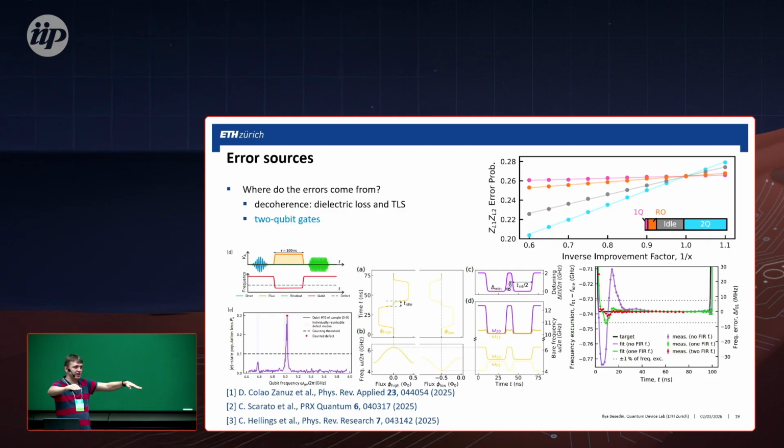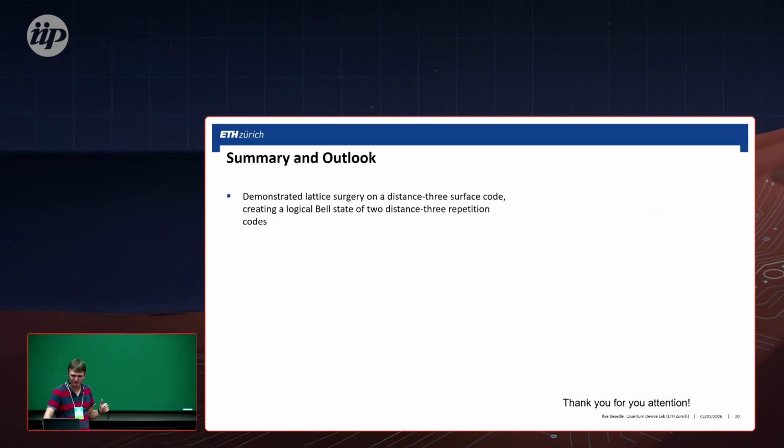It turns out that the line through which you control them has distortions, and the frequency is not what you wanted. The annoying thing about these errors is that they're not Markovian. We try to correct them, but there's apparently more to correct. It looks like this is still a limiting factor, because if we just add some waiting time before and after the gate, it gets better. And this is not just for us, this is also true for Google, from what I understand in the recent papers.